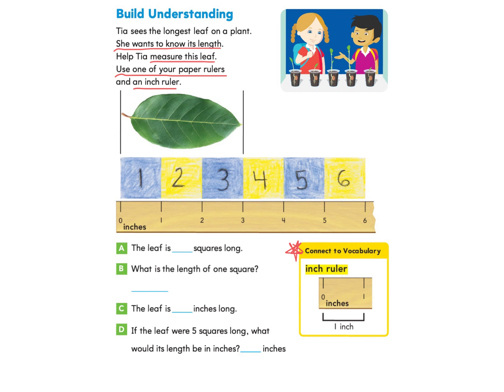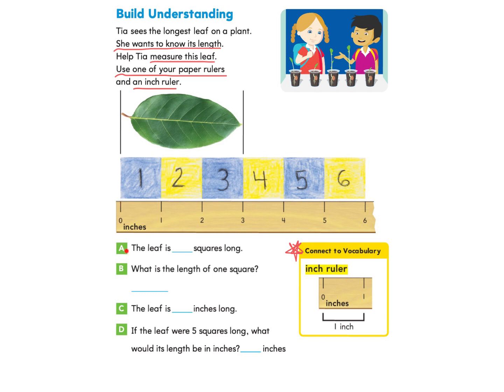So it's a little bit different than our paper ruler. You'll notice here that we've lined up our paper ruler right with this line that says 0. And so even though the ruler starts here, we're always going to use an inch ruler line that starts right here. So that's new to us.